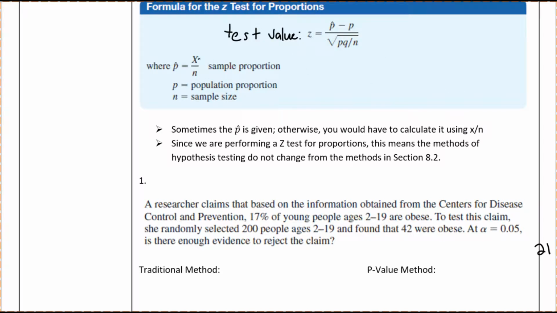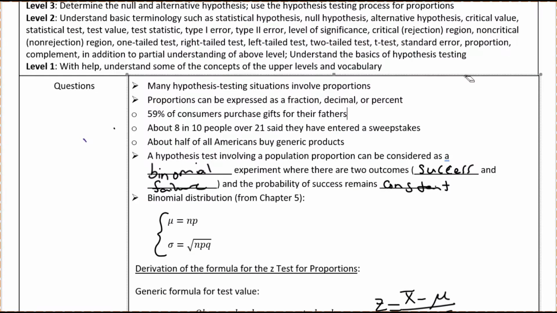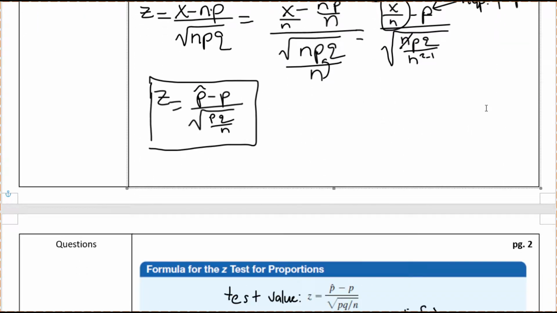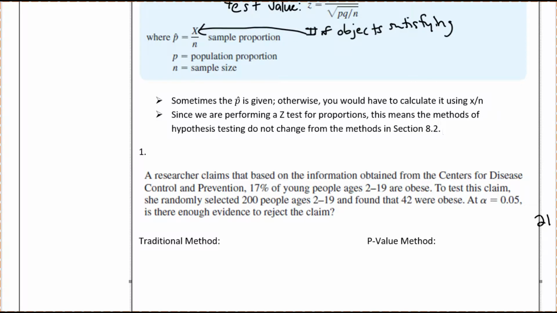So recall that x is essentially the number of people that satisfy our characteristics. So number of objects or people satisfying, or we could say with a given characteristic.